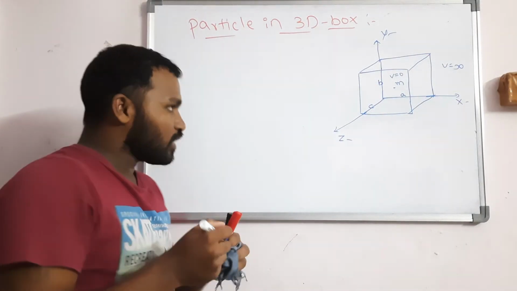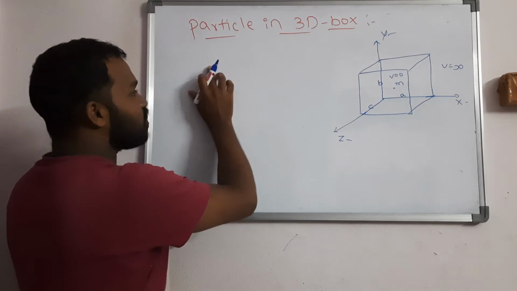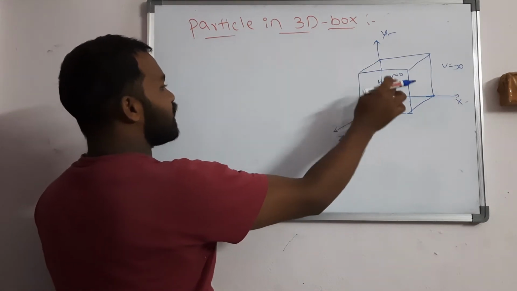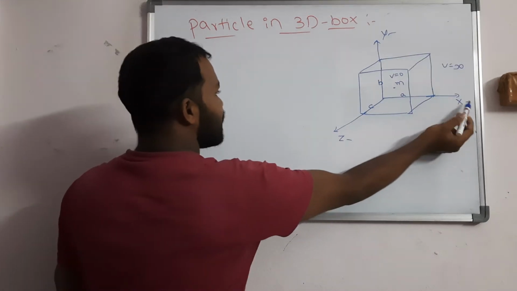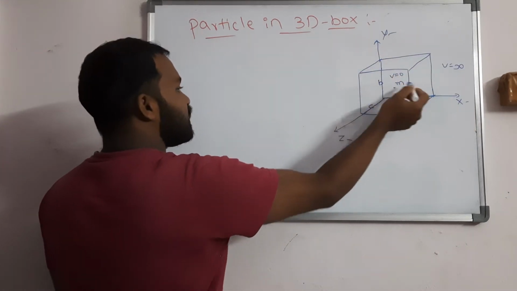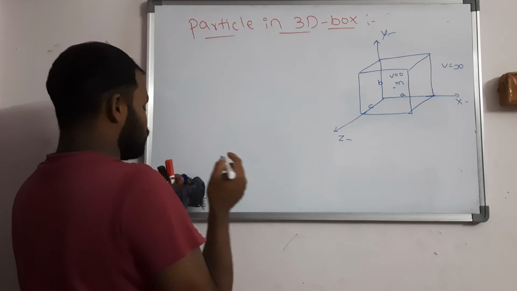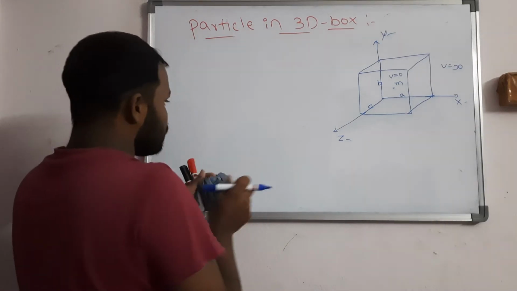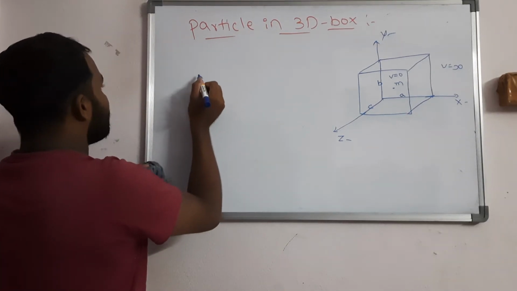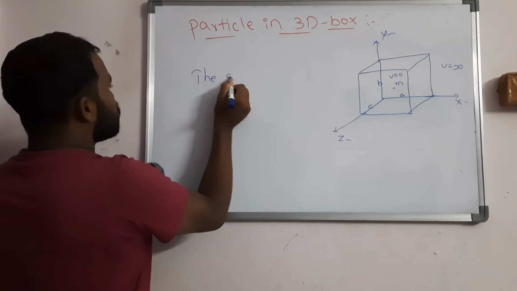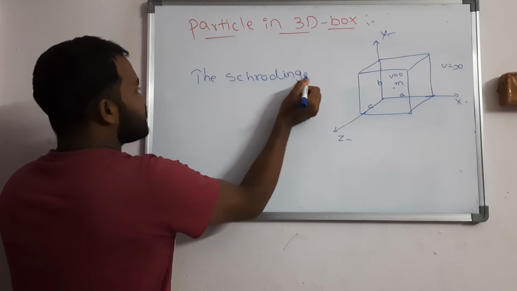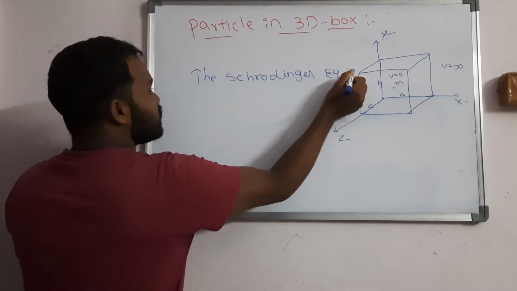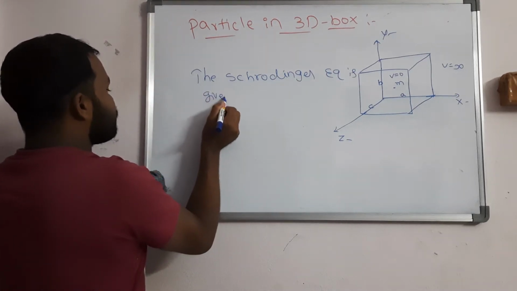So first you should write the statement, that is what? Consider a particle of mass m moving in the limited region of the space, that is along x direction is A, y direction is B, z direction is C. And the Schrodinger wave equation is given by, what is the Schrodinger equation?